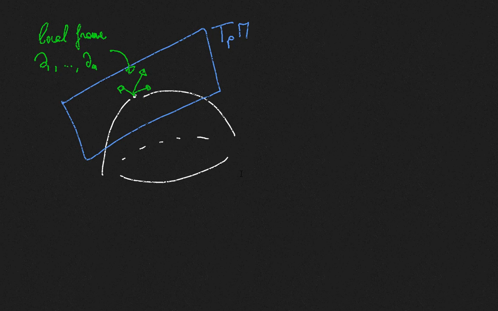Okay, so you specialize these derivations at the point, and they give you tangent vectors. So they give you a basis of the tangent space.